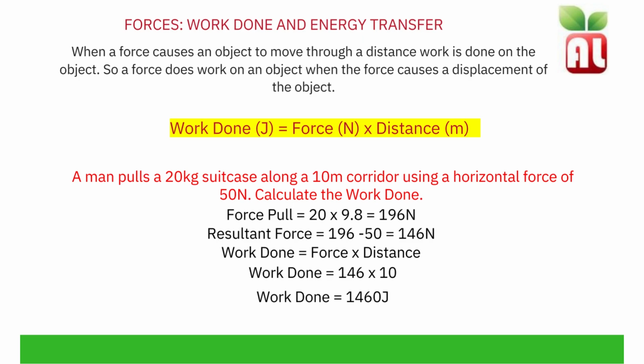Therefore, the resultant force is 196 minus 50, which equals 146 newtons. As work done equals force times distance, we can now multiply the resultant force of 146 newtons by the distance of 10 metres, giving a total work done of 1,460 joules.